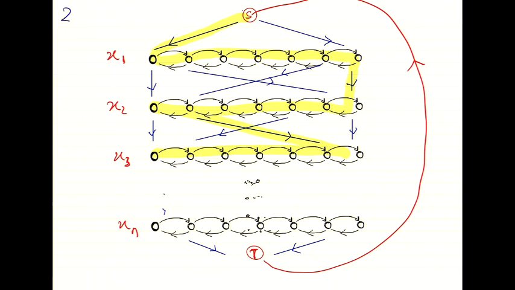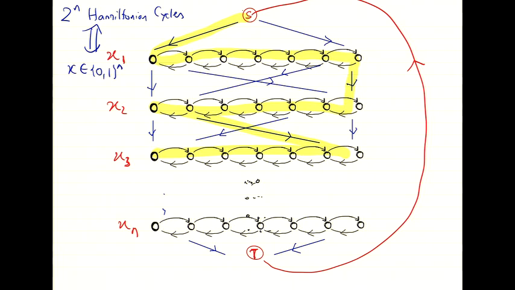There are 2 to the n Hamiltonian cycles, and they correspond in some natural sense to 2 to the n different assignments. All right, so that's why you would look at this graph.